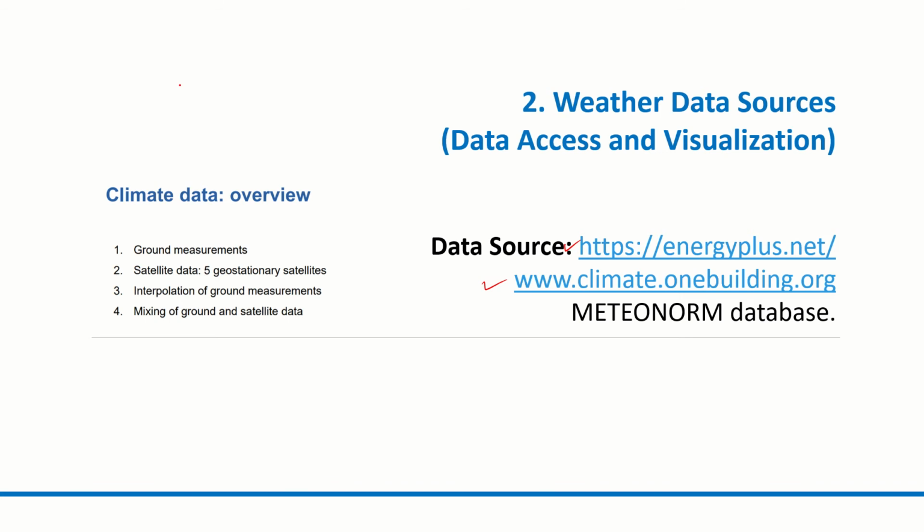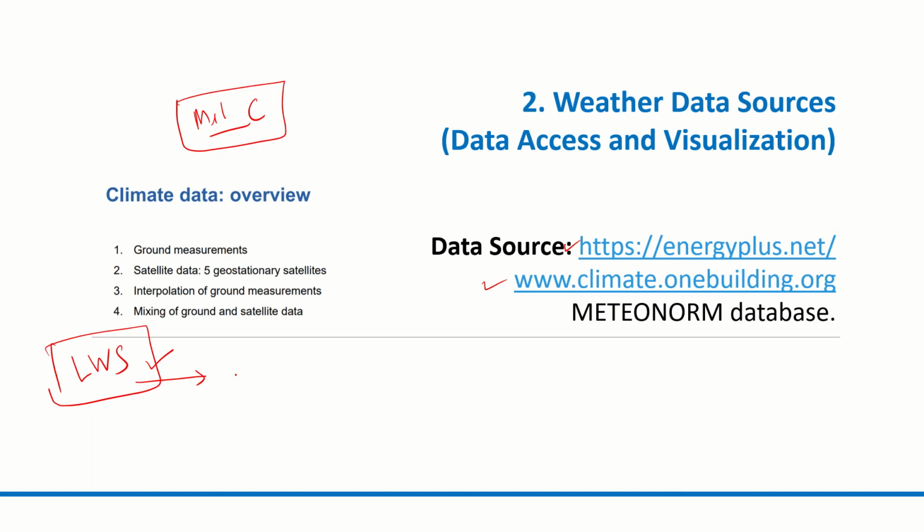For example, should we every time depend on the meteorological department for the climate data, or can we create our own data? We can create our own data provided we have a local weather station. We can have a local weather station installed and collect the information every day.